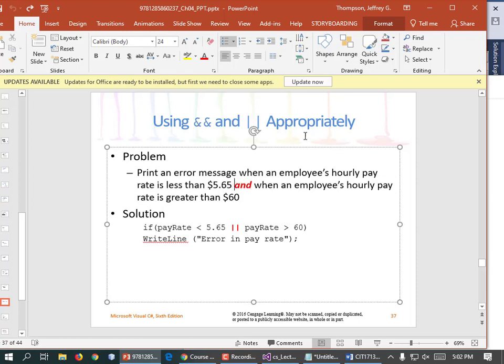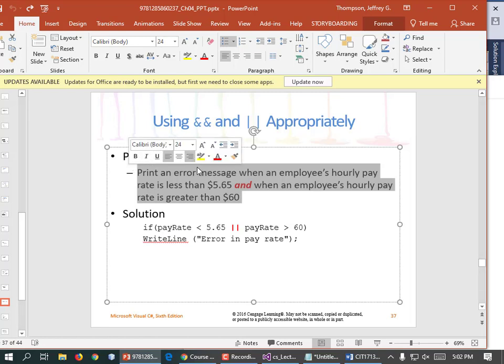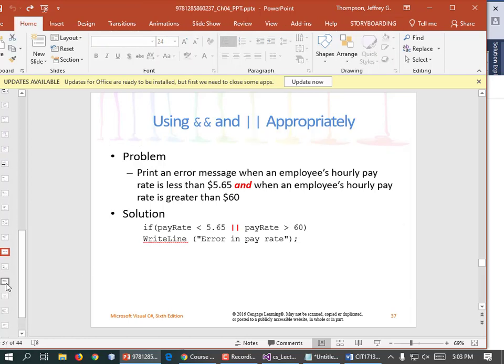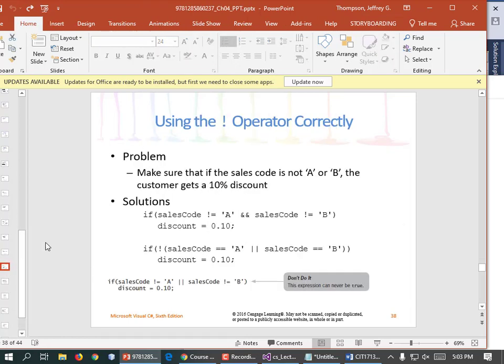So using and or appropriately, you just have to figure out what the requirements are, and then you can pick whether the logic is and or. If it's one or the other, you use or. If both of them flat out have to be true before it'll trigger, then you use and. And then not. Make sure that the sales code is not A or B.